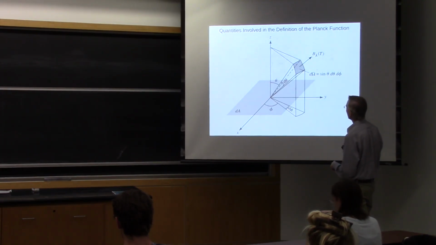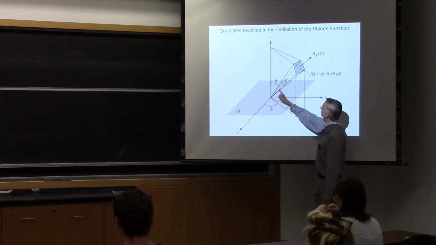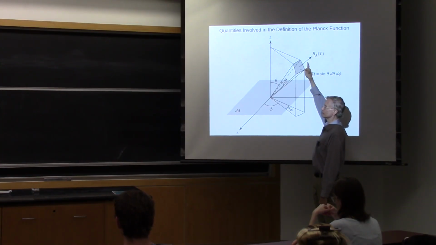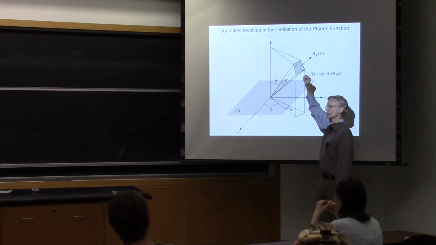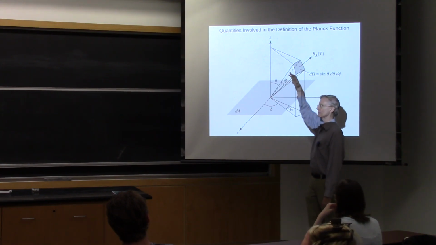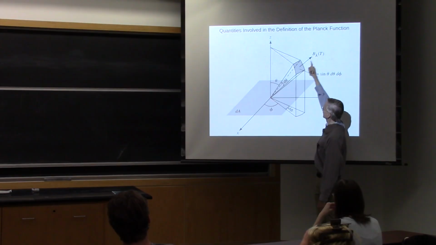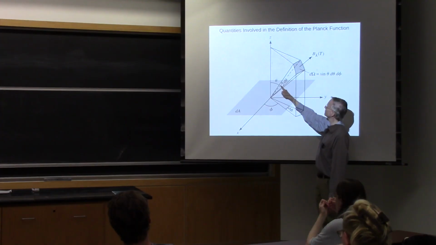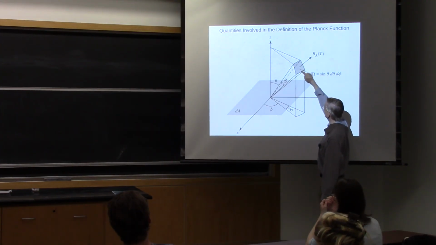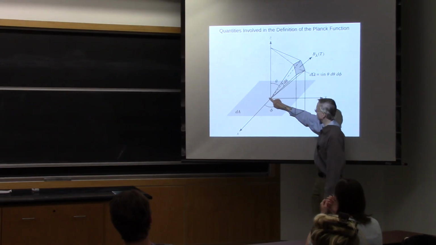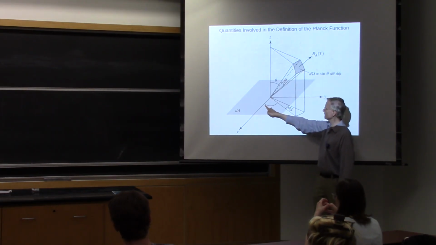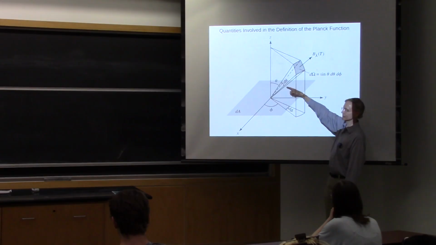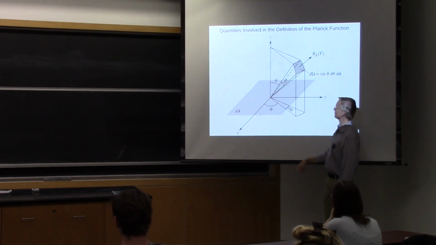In other words, imagine I'm talking about some direction in which I am looking, for example, to define B lambda of T, or later we'll talk about I lambda of T if the object isn't a black body. So this is some direction away from the z-axis that lies at an angle theta from the z-axis. And if you project into the xy plane, then the angle phi is the angle from the x-axis over to the projection into the xy plane of that direction in space that we're pointing in.